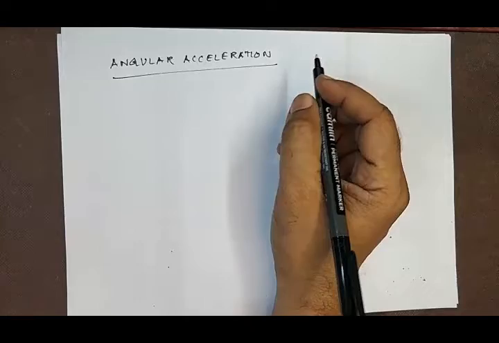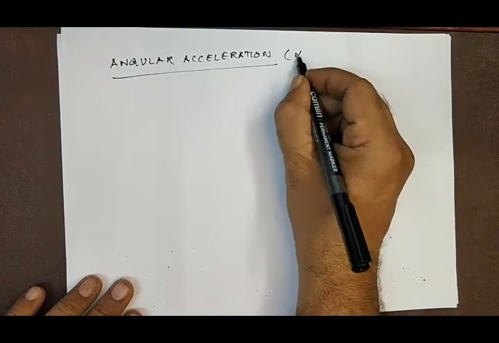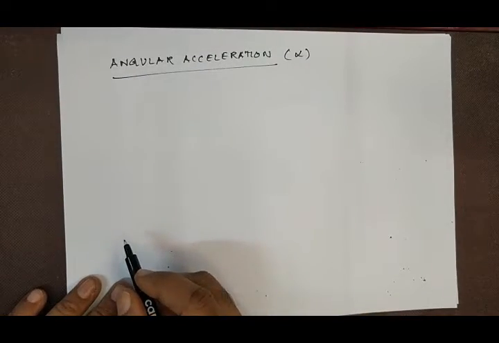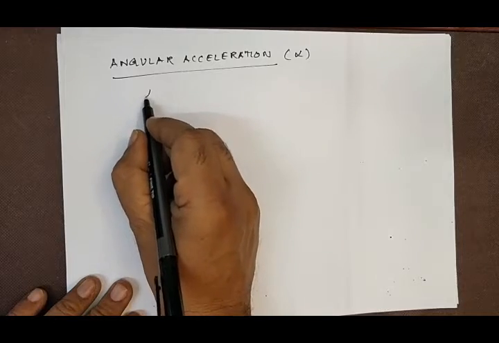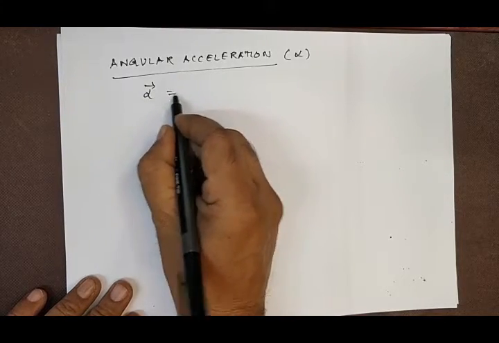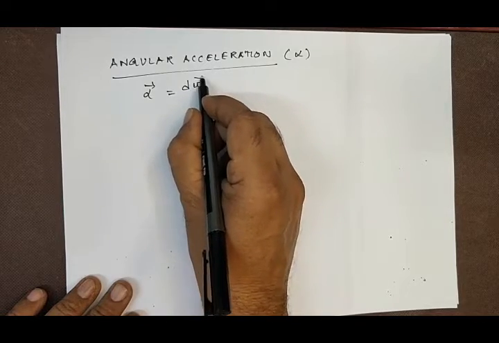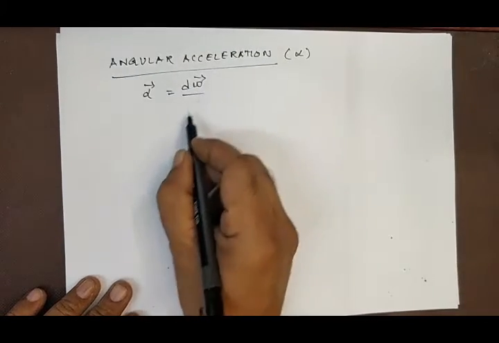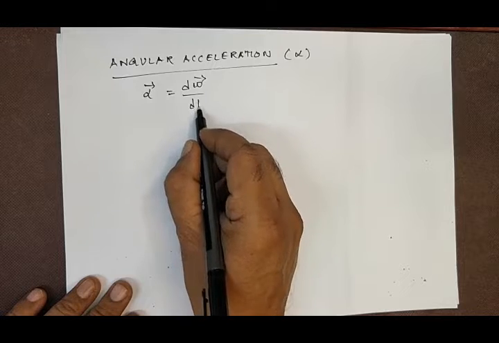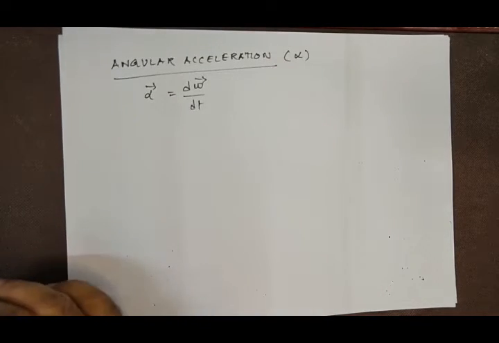Angular acceleration is represented as alpha. As I already mentioned, alpha vector is the rate of change of what? Angular velocity. So d omega divided by dt.